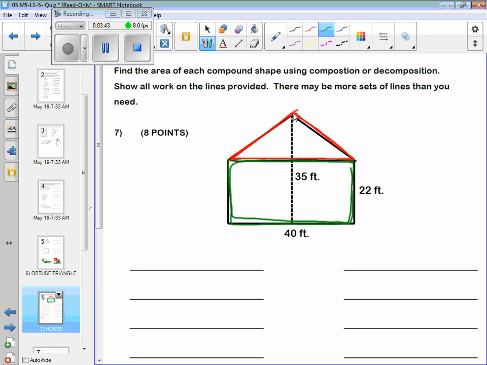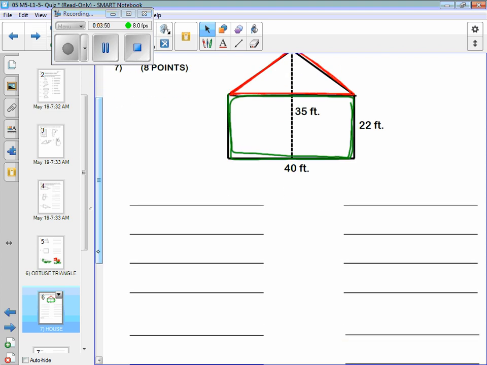Okay, ready? We'll do the rectangle first because you have a base and a height and you don't have to subtract any sides. What's the base of the rectangle? 40 is right.